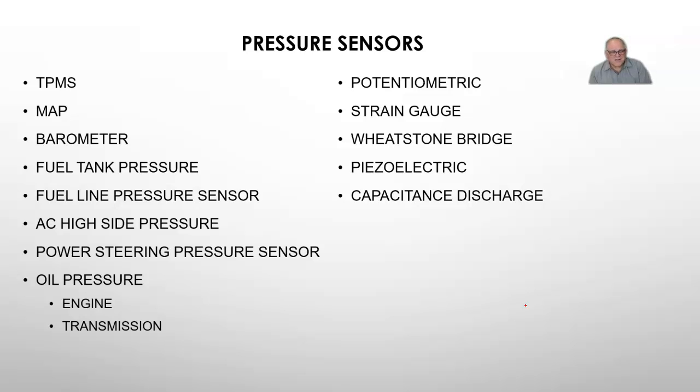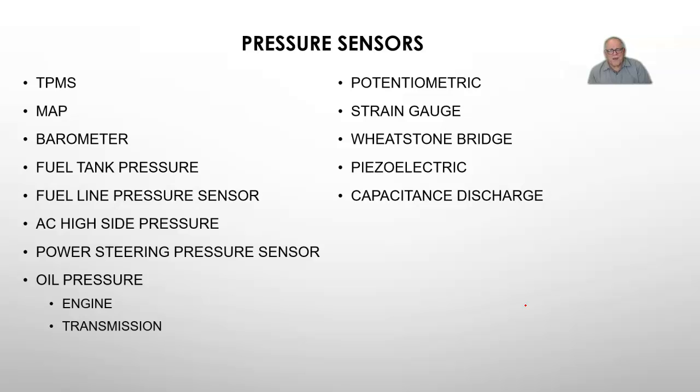That's not an exhaustive list, but it's a pretty good list of the different areas on the car where we're using the sensors. The technology inside of the different sensors changes. And on this right-hand column, you can see some of the different ones that they have on there: the strain gauge, Wheatstone bridge, piezoelectric. This is one of the times when I don't care about the technology that's inside of there.